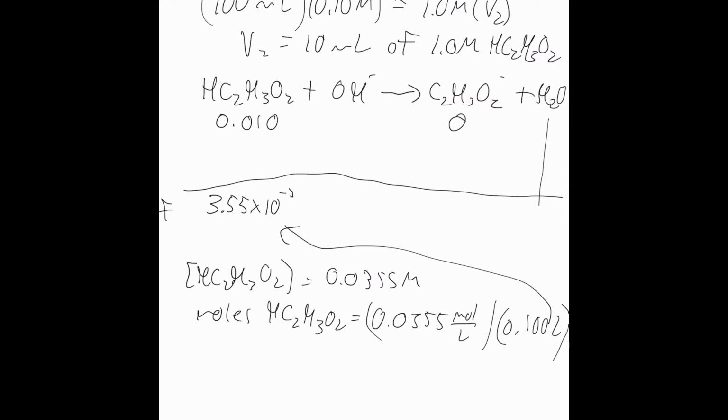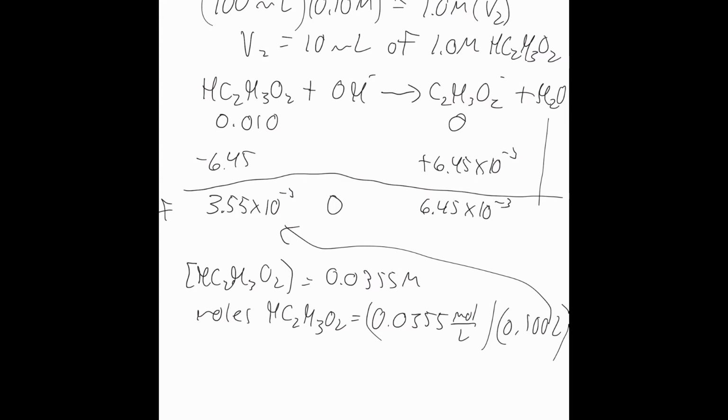We also need 0.0645, and I'm not going to do the actual math itself, but we need this number to be 6.45 times 10 to the minus 3 of acetate at the end, and we need 0 hydroxide, because if we had hydroxide, it would dictate the pH. So how do we do that? That's actually pretty easy, because 0 to get to 6.45 is plus 6.45 times 10 to the minus 3. And then that means that these are 1 to 1.